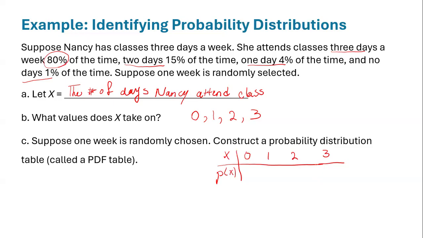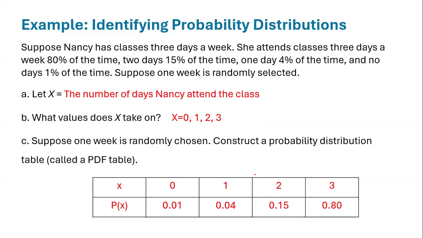But we never show the percent when we talk about the probability. We should always show it as a decimal. 2 days a week, 15%. 1 day a week, 4%. And no days, 1%. And now we have a probability distribution table.